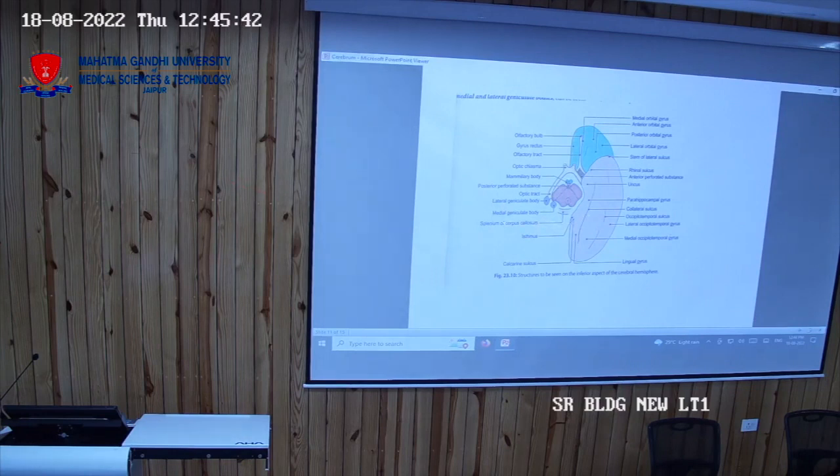On the medial side, there is a small part of the calcarine sulcus. The calcarine sulcus is present on the part of the occipital lobe on the medial surface. On the medial surface, I told you about two sulci: one is the parieto-occipital sulcus, another is the calcarine sulcus.